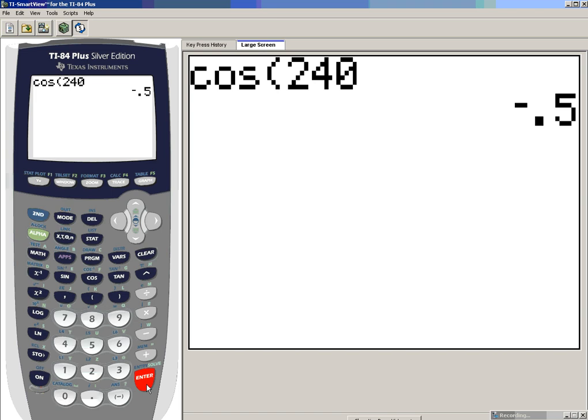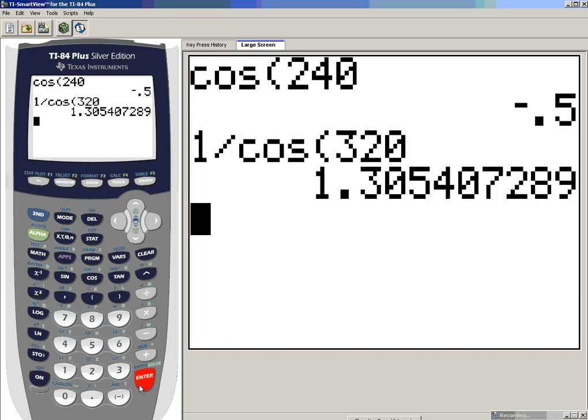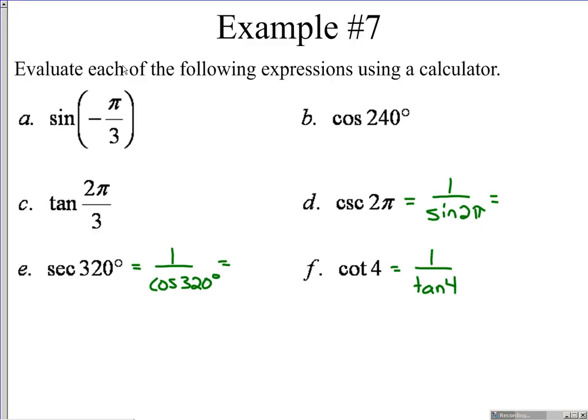Secant of 320, we need to put in as 1 divided by the cosine of 320. We get 1.305. So let's go ahead and record those. Cosine of 240, negative 1/2. Secant of 320, 1.305.